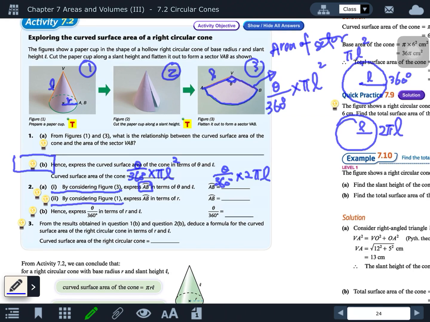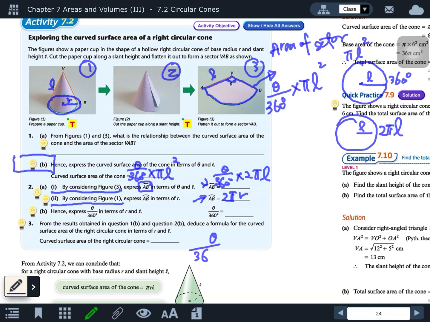For part 2, in figure 1, we calculate the arc length of AB in terms of r. This is just the circumference, so 2 pi r is the arc length of AB. Now you can see we have the same arc length of AB expressed in two forms.